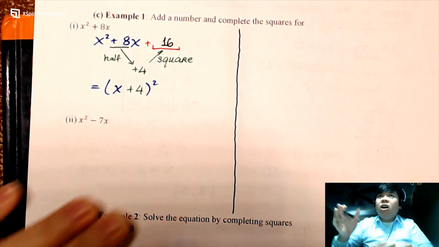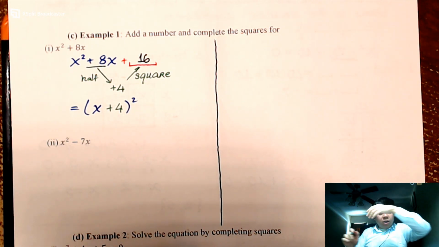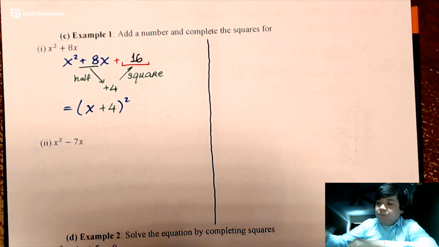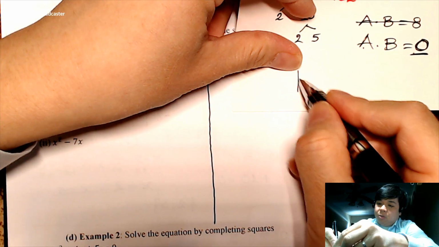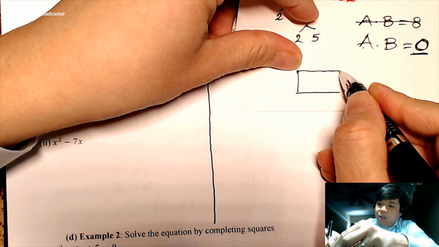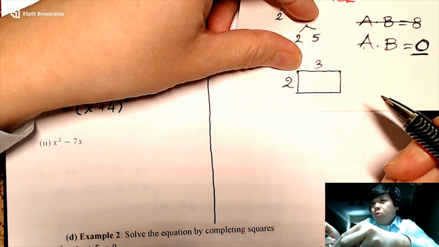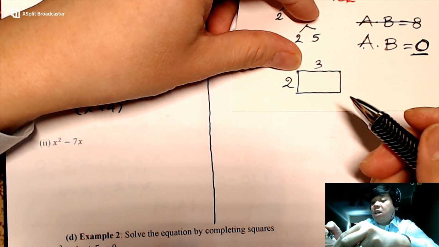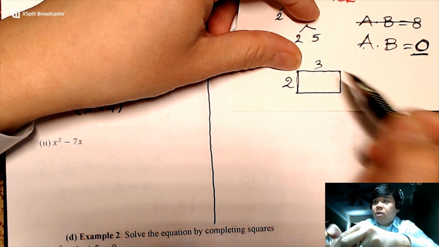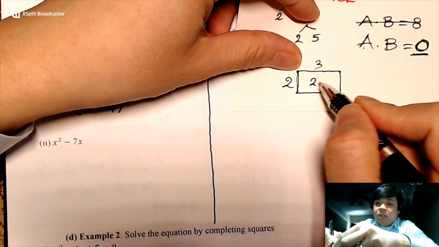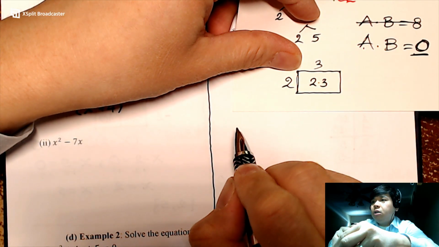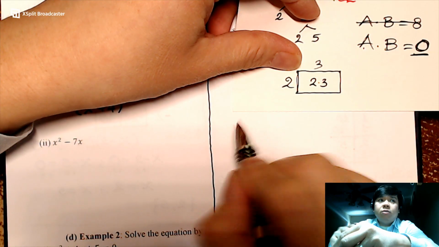Now let's try to visualize this. Let's say I have a rectangle, the side 2 and 3, what would be the area? They'll say, well, that's easy. Length times width. So the area will be 2 times 3. Very simple, right?